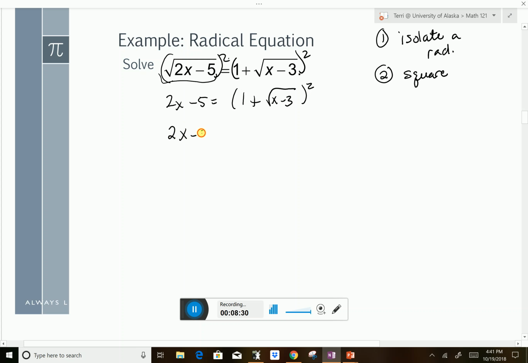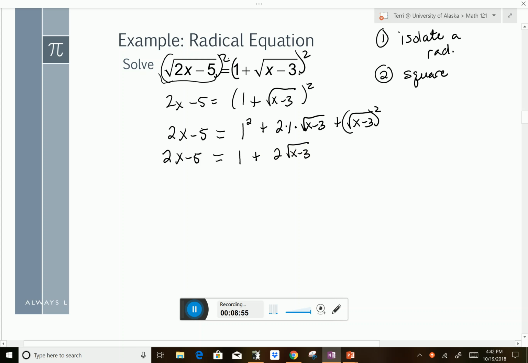So 2x minus 5. Now remember, we have to use the first term squared plus 2 times the first times the last plus the last term squared. So this becomes 2x minus 5 equals 1 plus 2 root x minus 3 plus x minus 3.